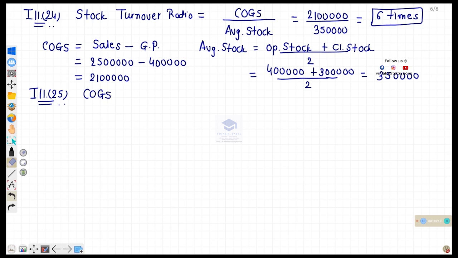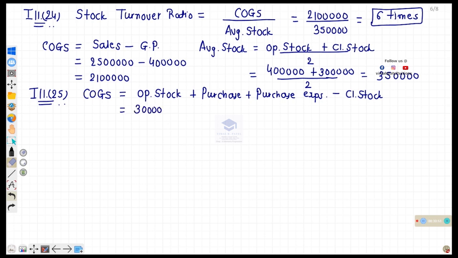From that, COGS is equal to opening stock plus purchase plus purchase expense minus closing stock. So it will be 4,90,000.